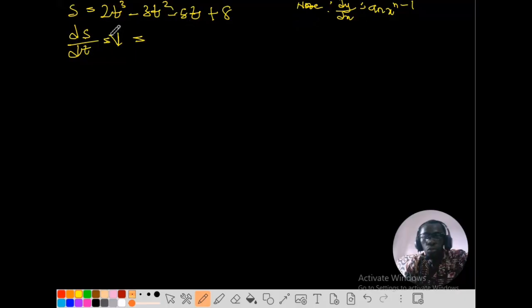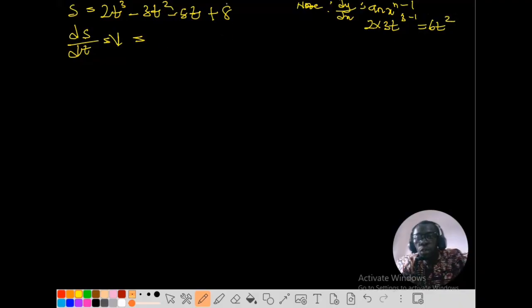So a here is going to be 2. N is your power, which is 3, so 2 times 3. Now x here, replace it with t, then power is 3 minus 1. If you do that, 2 times 3 will give 6, then you have t, 3 minus 1 gives you 2.